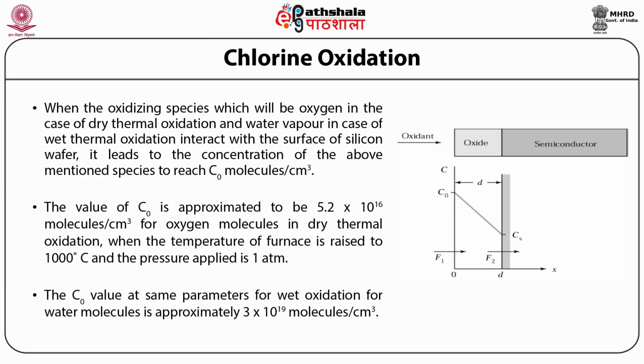Second, the transportation of oxidizing species across the oxide film towards silicon. Third, reaction of oxidizing species at the interface with the silicon wafer to form a new layer of SiO2.